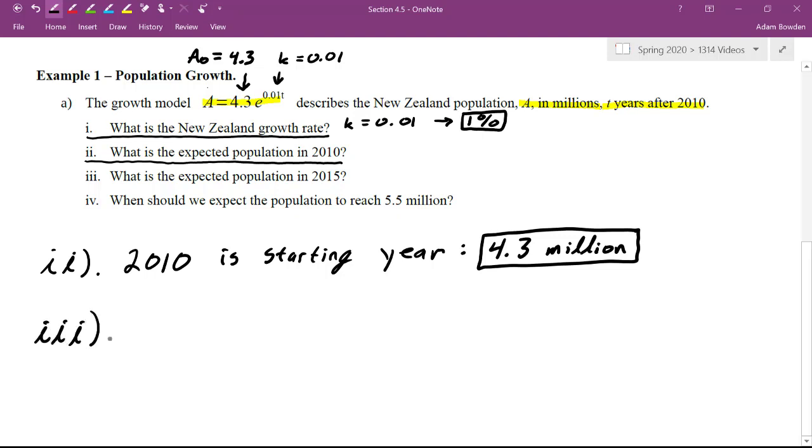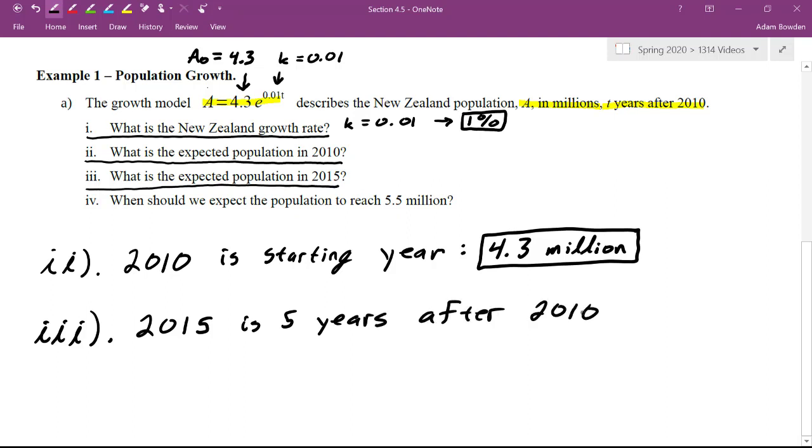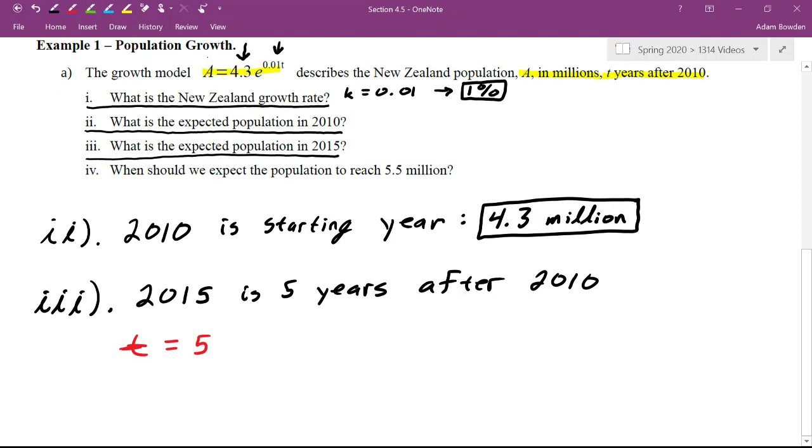Now, to go forward into the future, what is the expected population in 2015? So let's think about the number of years past. 2015 is 5 years after the first year that we start from, 2010. So 5 years means that time t is equal to 5. So what I'll do is I'll plug this number into the function A equals 4.3 e to the 0.01 t.